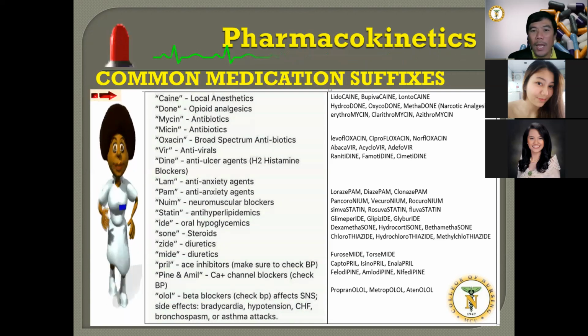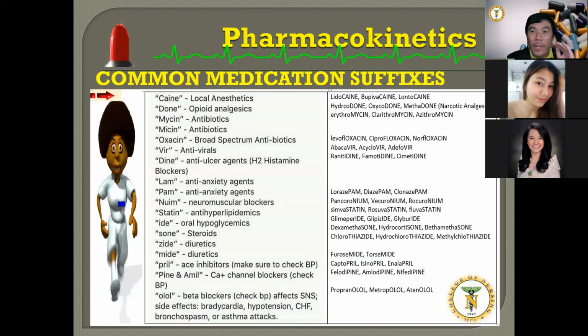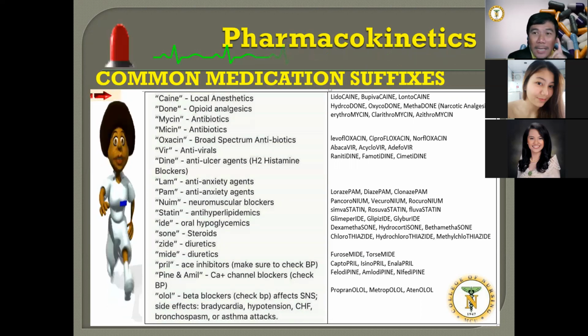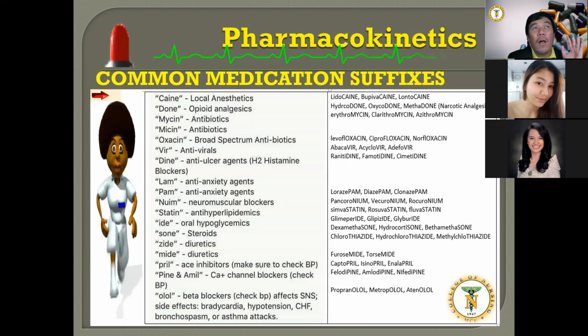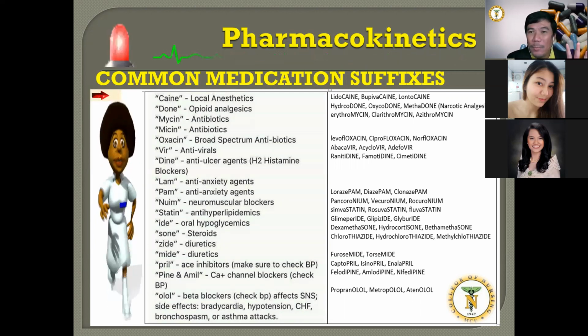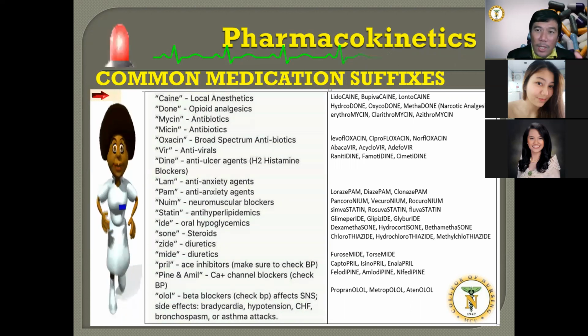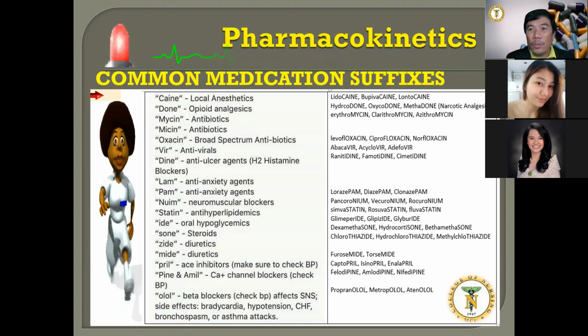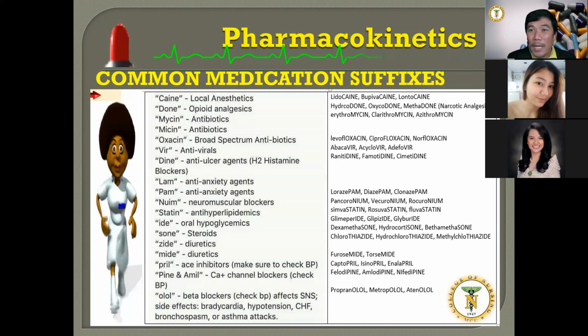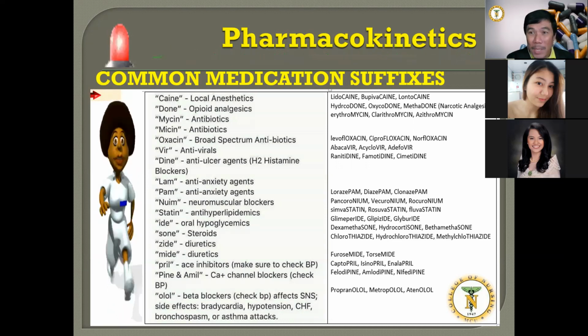S-O-N-E. Dexamethasone, hydrocortisone, betamethasone. Class, usually betamethasone is very commonly administered to a client who's having preterm labor and about to lead to premature delivery. So from the term itself, what's the purpose of the betamethasone? Betamethasone is a steroid that could be very significant for the well-being of the fetus, of the baby.